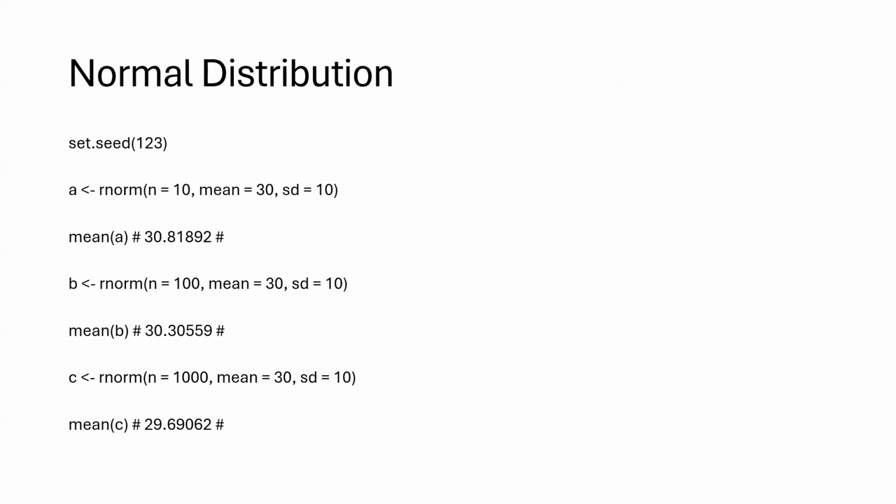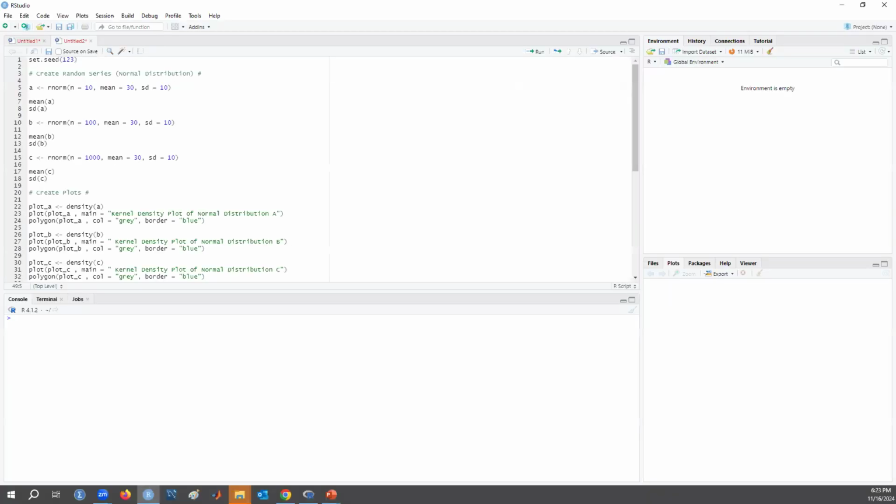So this is some R code here, and we're going to go ahead and work through it in RStudio. What I've done is I've set a random seed, and from that seed, we're going to use the rnorm function. What rnorm is going to do is create a normal distribution with a mean of 30 and a standard deviation of 10.